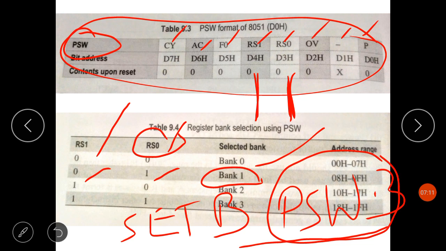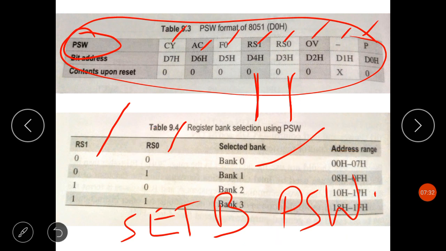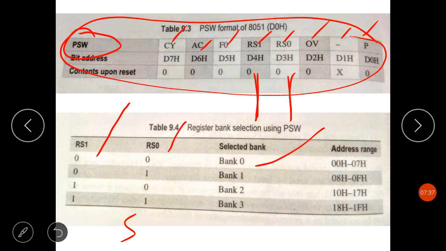So initially RS0 and RS1 are 0 0, which means bank 0 is selected by default. If I have to select any other bank, I have to use these commands: SETB, and CLR is for clearing the bit. I use these commands for setting the bits of PSW. These are the various statuses of RS0 and RS1. Depending on their status, the particular bank gets selected.